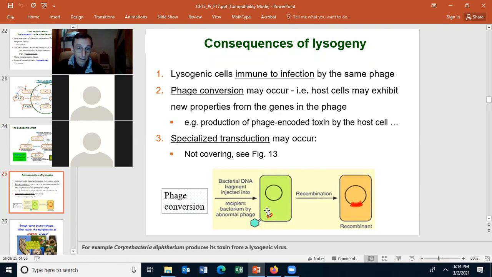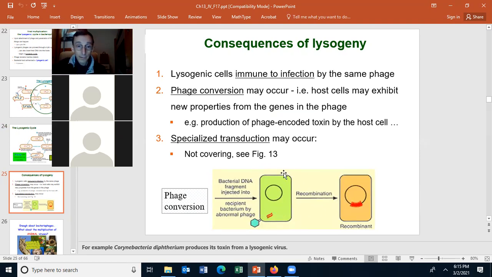So this cell has a genome and certain properties, and then a virus inserts its genome, and the genome becomes a prophage. We call this a recombinant cell because it now has new genes, new DNA, which can be expressed and change the phenotype of this cell. One example of phage conversion of the cell is Corynebacterium diphtheriae.